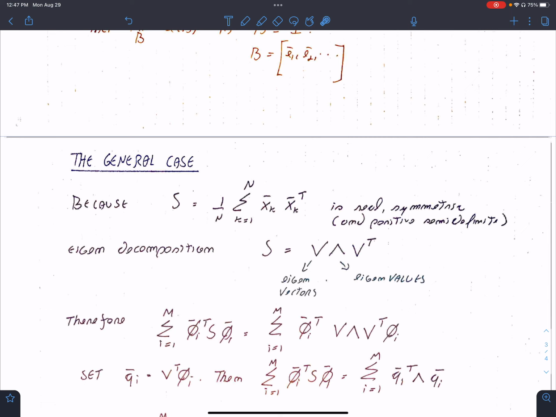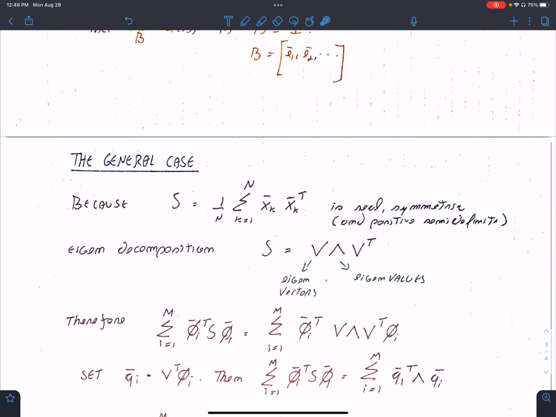So that's a simple version of the problem, but of course we can't always assume that the sample covariance matrix will be as simple as that. So let's look at the general case. We're going to take advantage that the sample covariance matrix in this case is real, symmetric and positive semi-definite. We're not going to show this in this video, but under those circumstances, we have an eigendecomposition that is kind of simple.